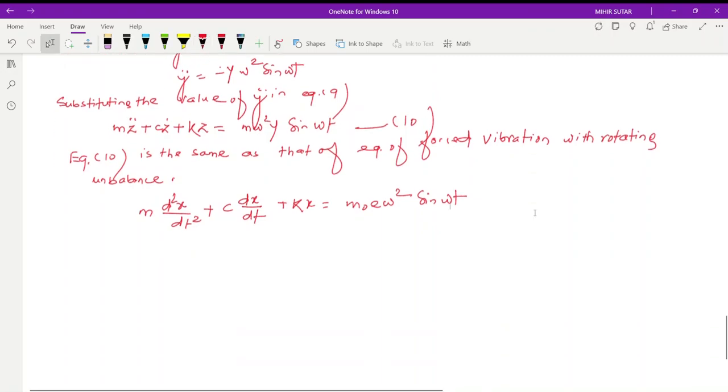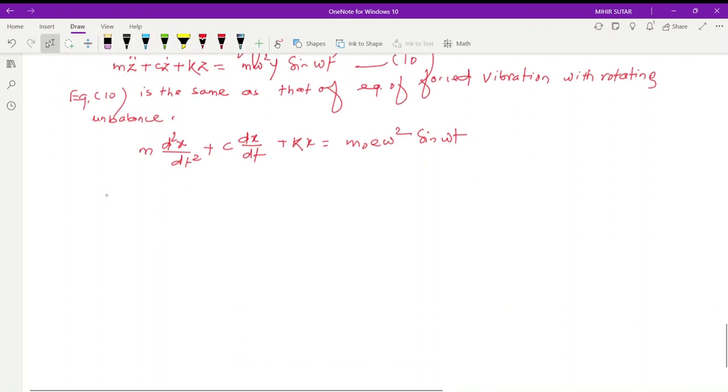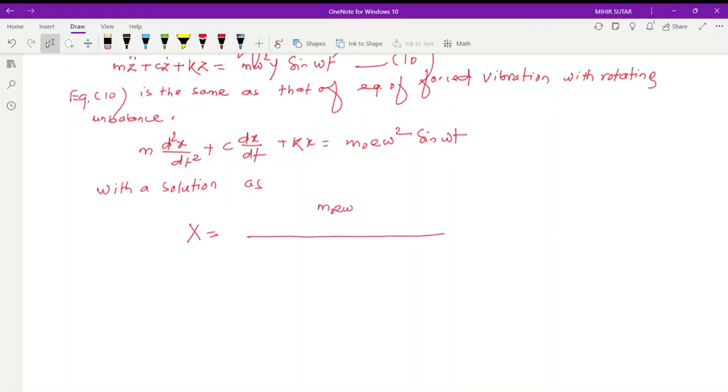Okay, so with a solution as x is equal to m0 e omega square by k, this we have already solved, divided by root over of (1 minus m omega square by k) whole square plus (c omega by k) square.